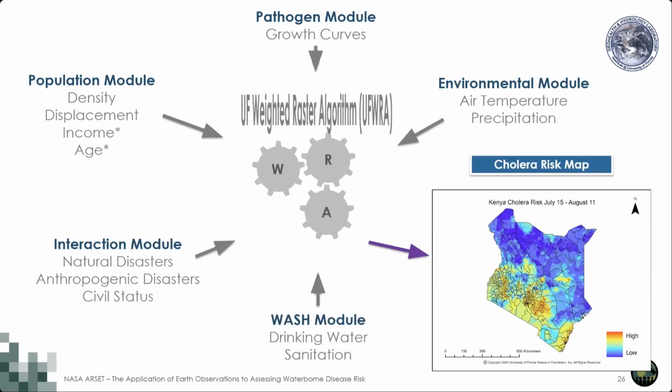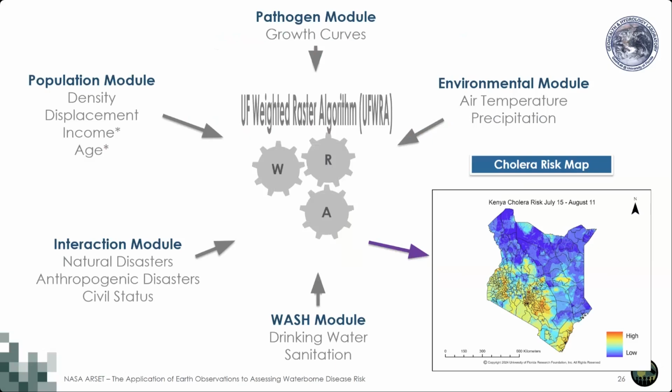The environmental module, which is the underlying hypothesis that I just showed you, typically includes air temperatures and precipitation, but we can also include a number of socioeconomic factors, including population density, income, displacement, age, data on natural disasters, anthropogenic disasters, civil status, or any kind of conflict going on in the region.